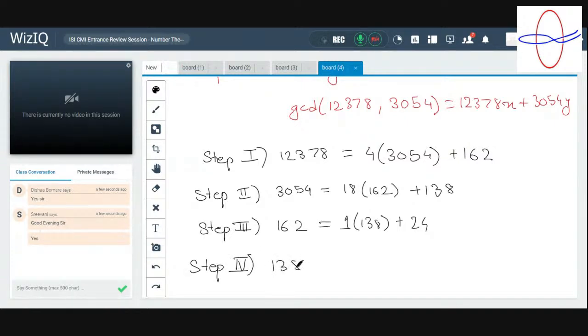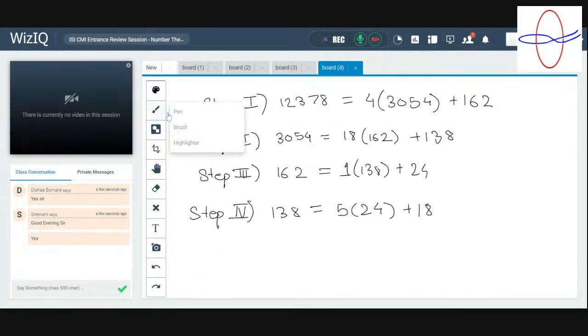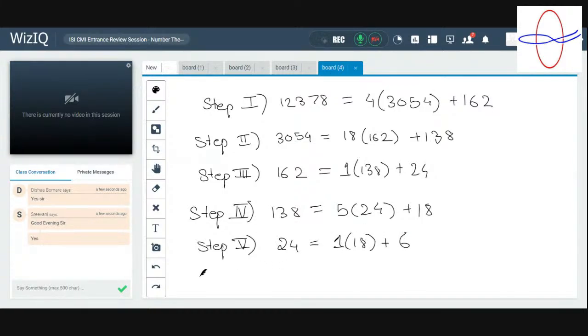Now 138 is 5 times 24 plus 18. Step 5. 24 is 1 times 18 plus 6. And at step 6, I will reach my zero remainder, which is 18 is 3 times 6 plus 0.